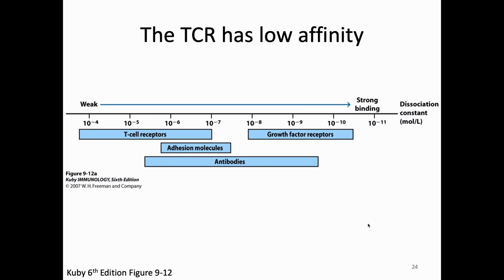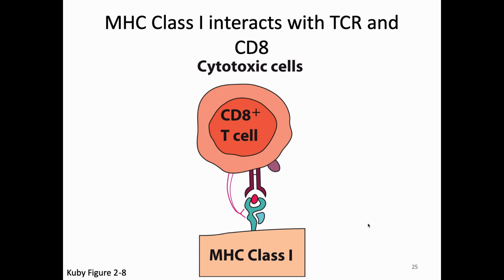And so in order for a T-cell to make a proper response, you need more proteins than just TCR and MHC, because it's not strong enough to hold the two cells together. You need some additional partners. In the case of MHC Class I, the partner is called CD8.